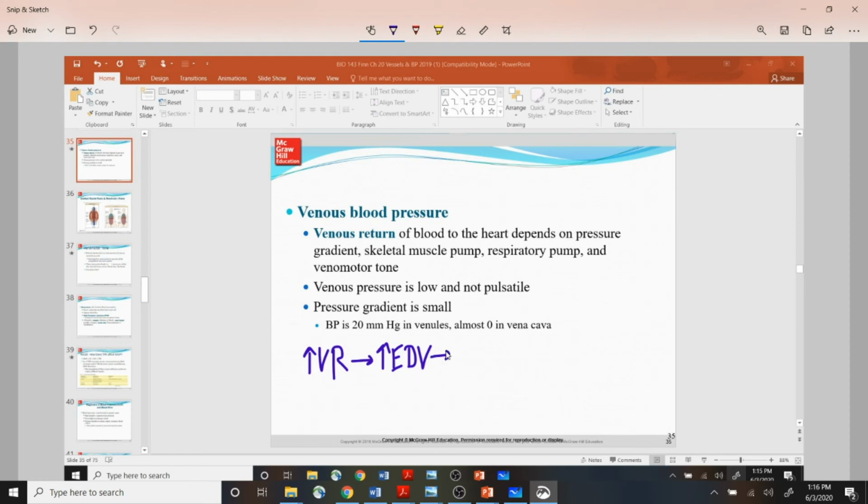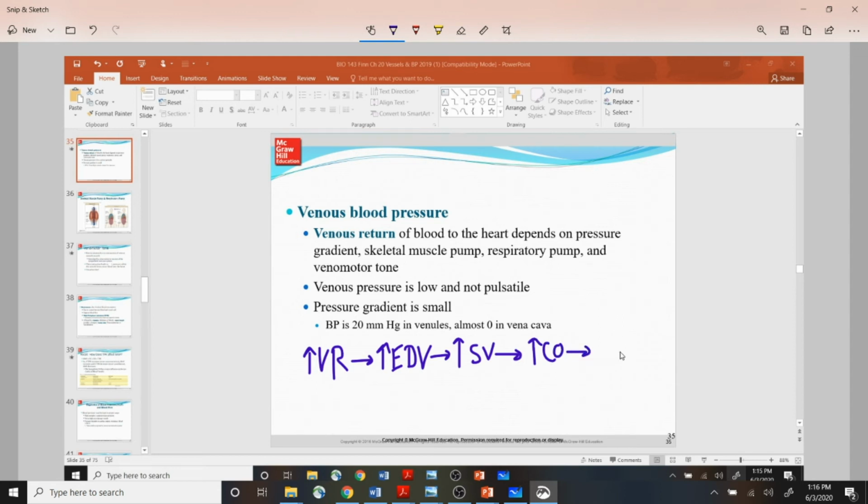So if we fill more, we talked about Frank-Starling's law of the heart. More sarcomere stretch, more cross bridges forming, more contractile force, so that increases stroke volume. More blood per beat can lead to more blood per unit of time. And guess what?